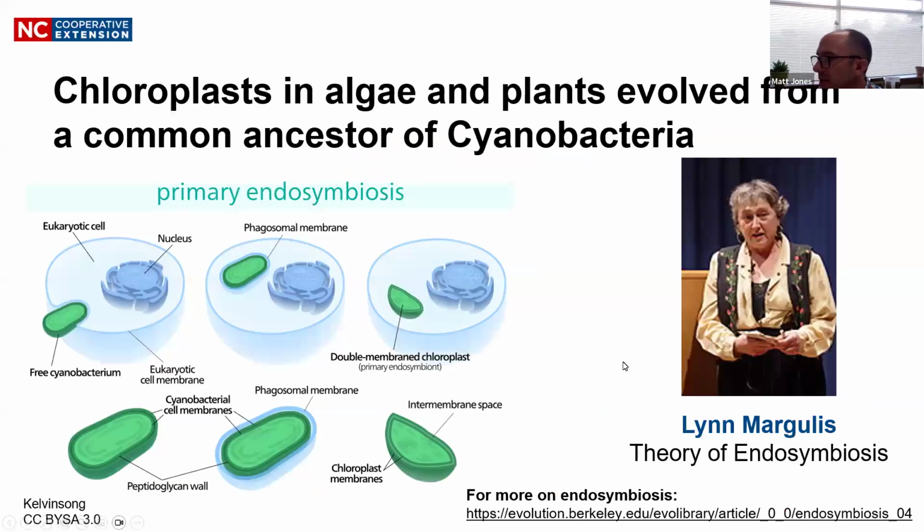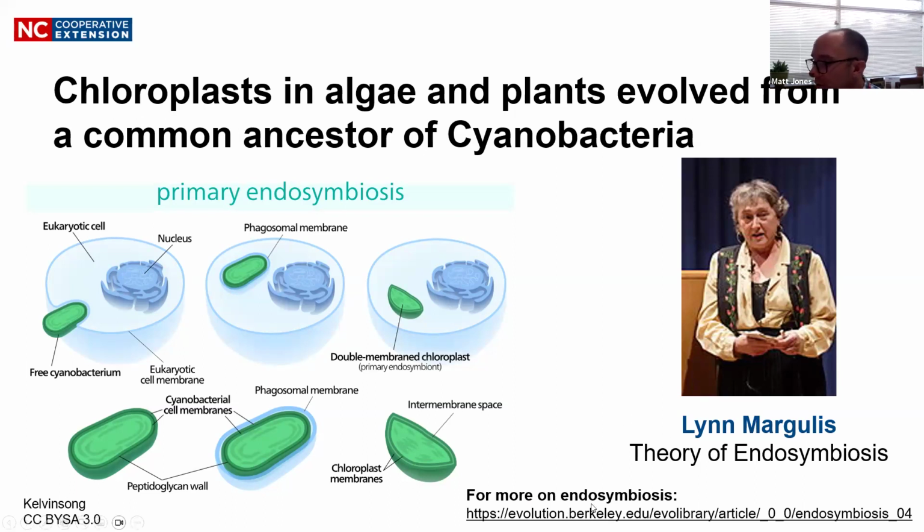Endosymbiosis was first proposed by Dr. Margulis in the early 70s, and many people were suspect of that, but there's a lot of data to support this now, and she should get all the credit for this. If you're curious about this specifically, we're not going to cover evolution in my lectures, at least.